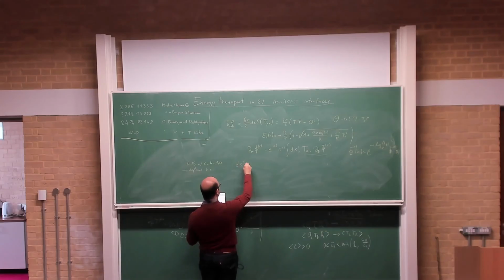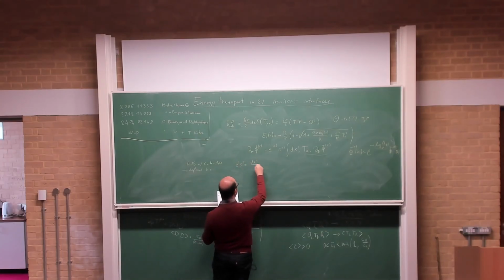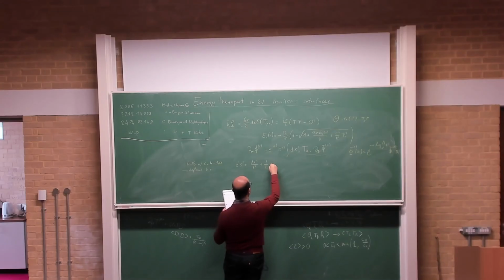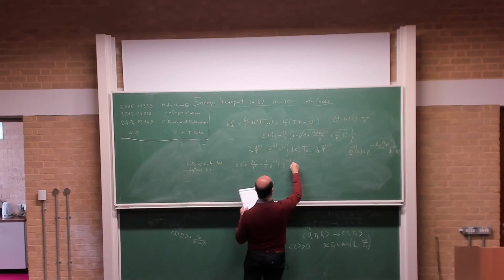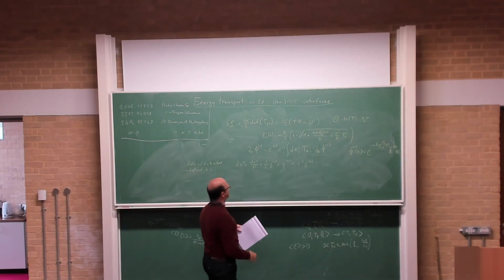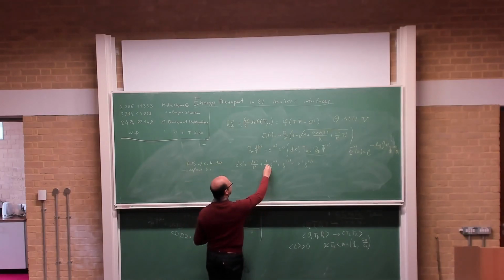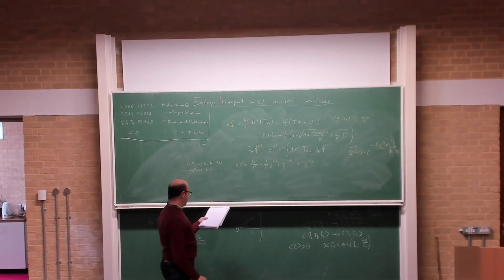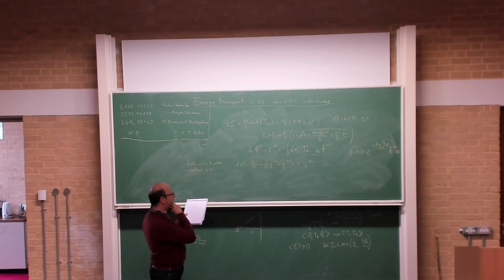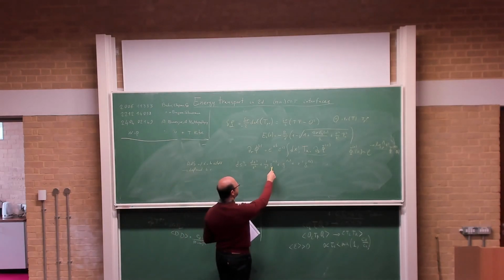If you do the Fefferman-Graham expansion, famously in AdS it terminates at order z squared, and the standard prescription is that this is the boundary metric.